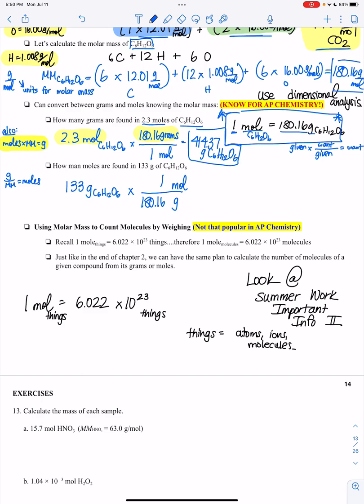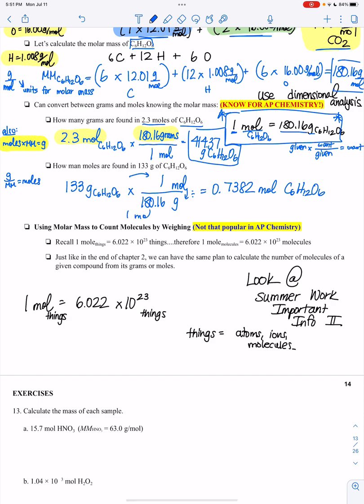So I'm going to do 133 times 1, and then divided by 180.16, whatever's in the bottom you divide, and you will get 0.7382 moles of C6H12O6. And I want to also make sure that you know that this number makes sense.